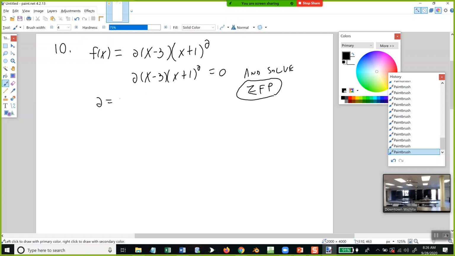So I said 2 equal to 0, x minus 3 equal to 0, x plus 1 equals 0. Now we're solving for a variable. You never need to set a number equal to 0. We saw that back in chapter 1. This one gives us x equals 3 and x equals -1. And these would be our zeros.